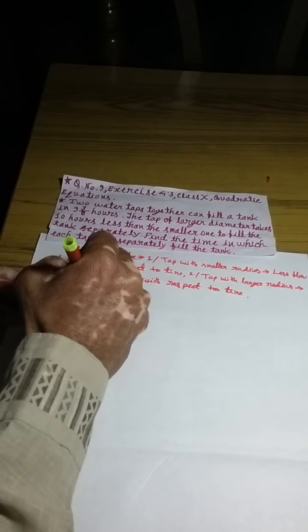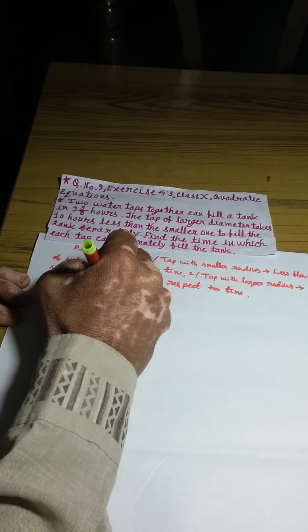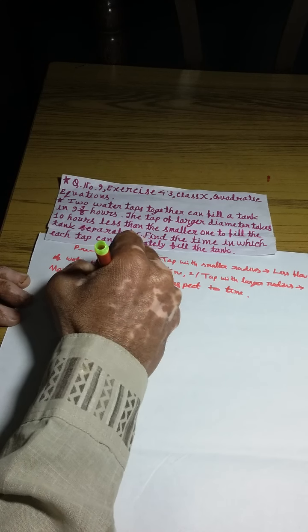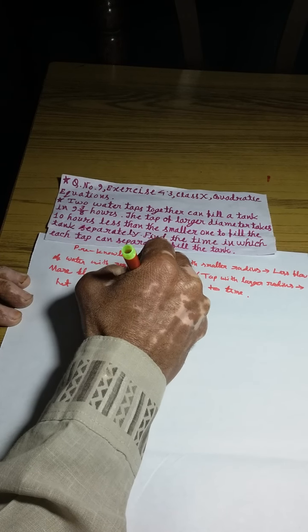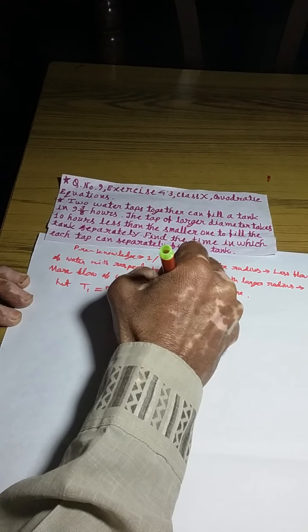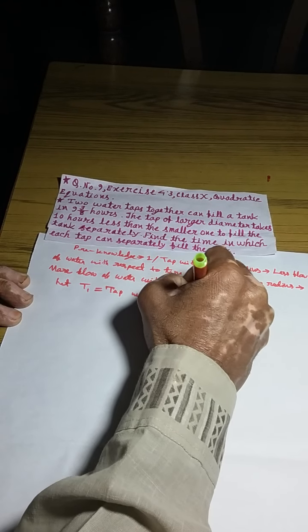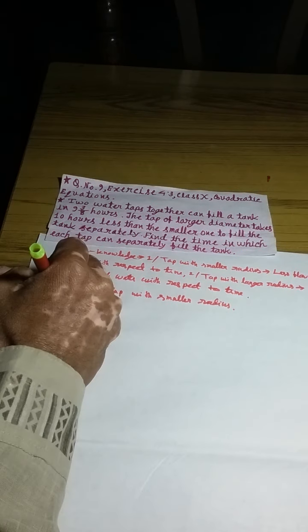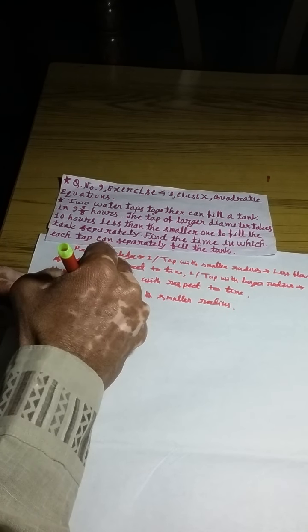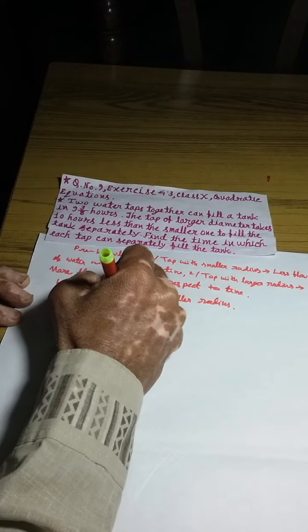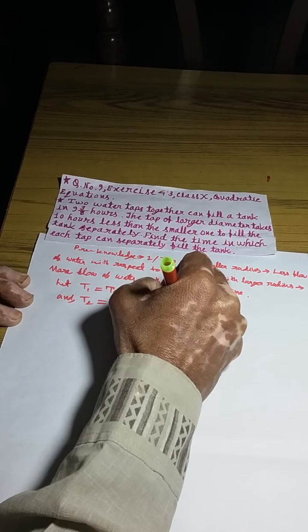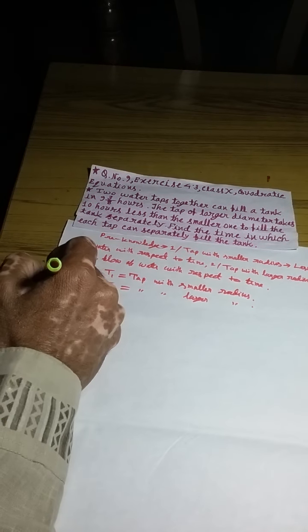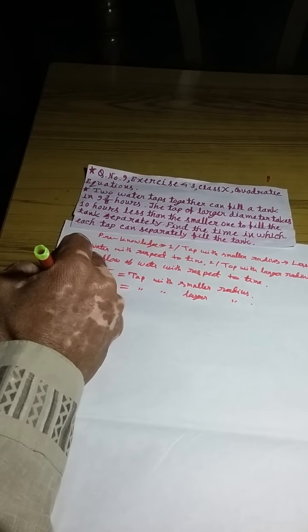Let T1 mean the tap with smaller radius and T2 mean the tap with larger radius. After this, let us proceed in this way.